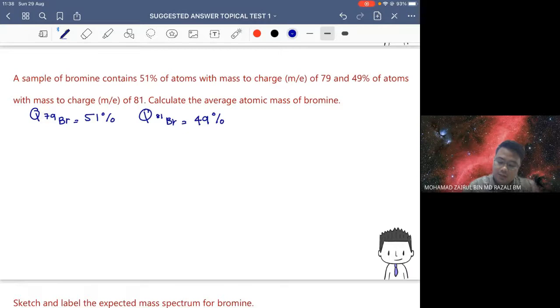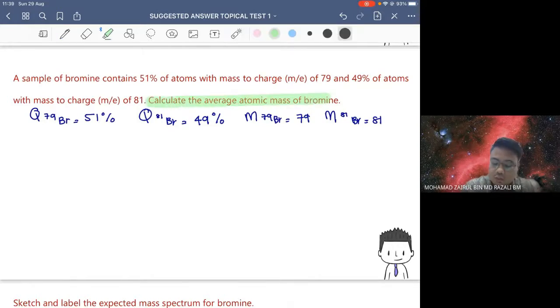Given that the mass to charge ratio ni basically adalah dia punya mass lah, so the mass for bromine-79 is 79, and the mass for bromine-81 is 81. The question wants you to find the average atomic mass of bromine.